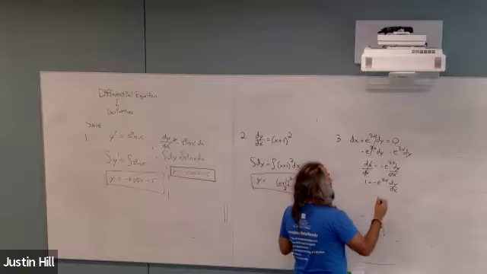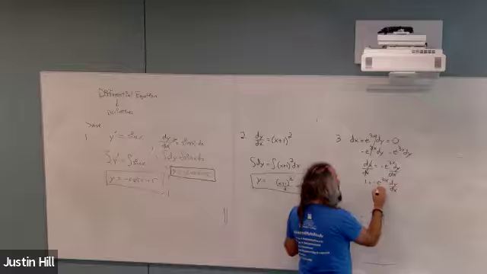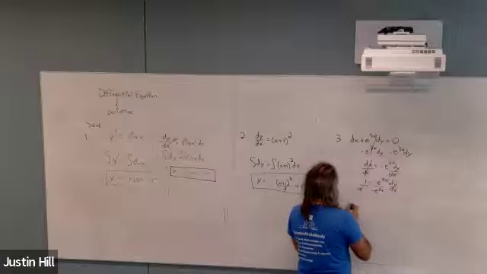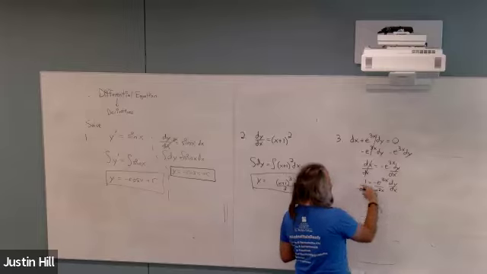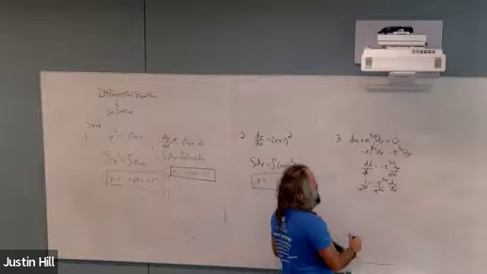We're going to move this over to this side, but to move it, we have to divide by negative e to the 3x. Just remember from algebra that dividing by a power is the same as a negative power.